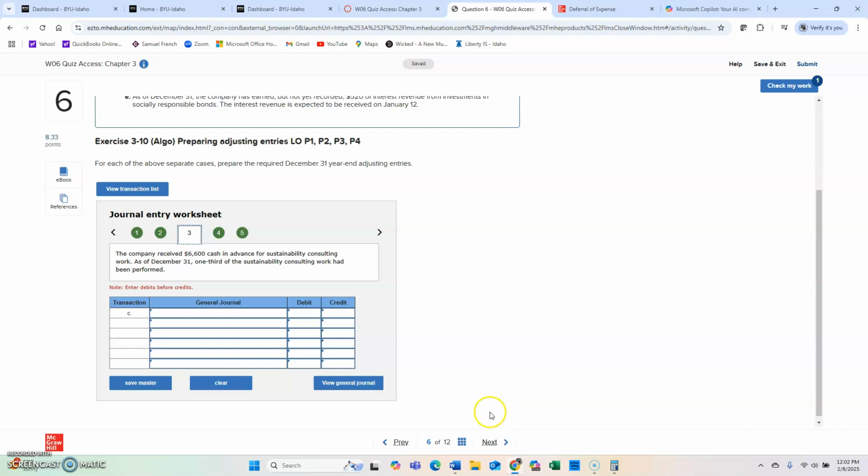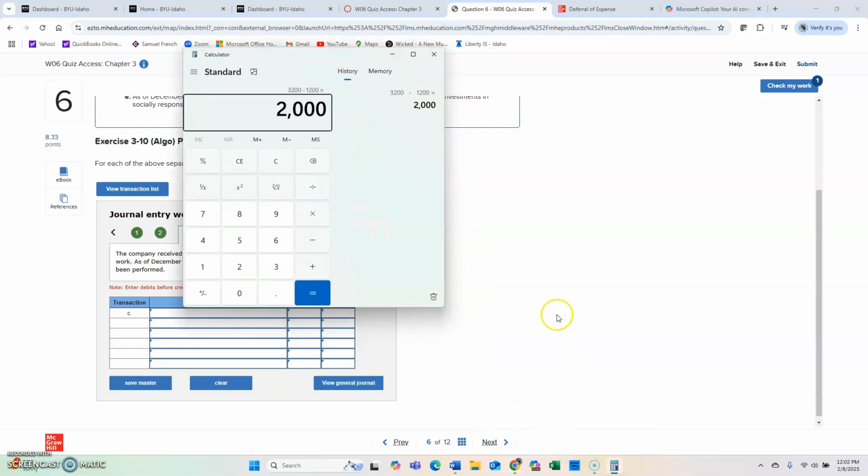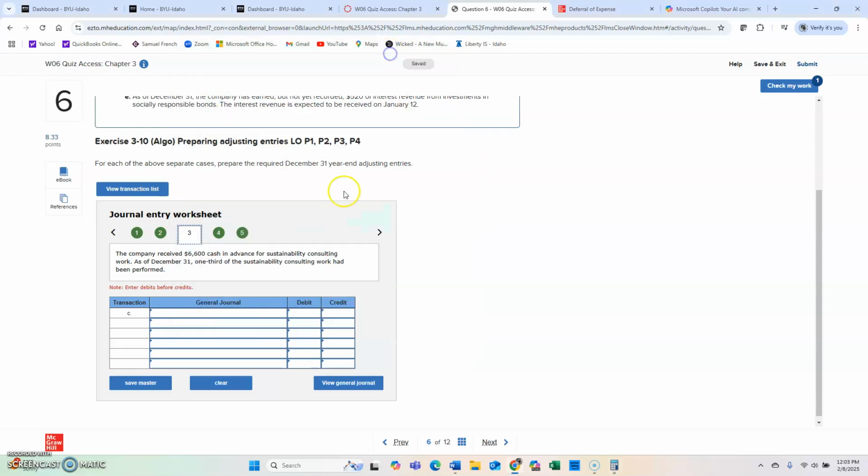So we get out our calculator. Let me clear this. And we put in 6,600, and we're going to divide it by 3 because it's breaking it into thirds. So 1/3 of 6,600 is 2,200. So we are going to first start with our unearned revenue, because that's going to be our debit. We always start with debits.